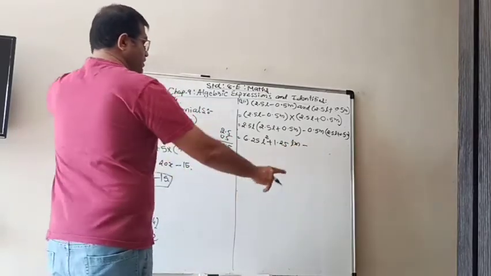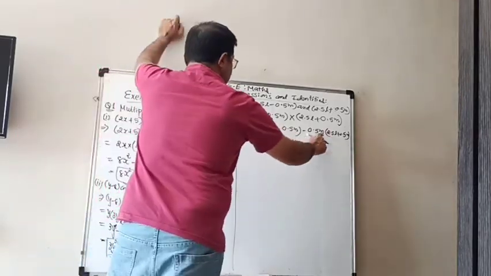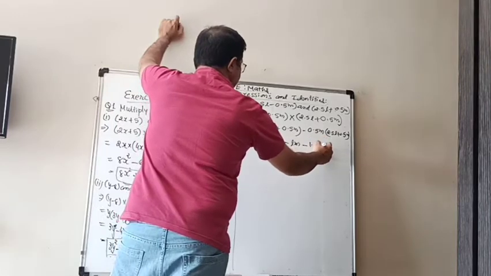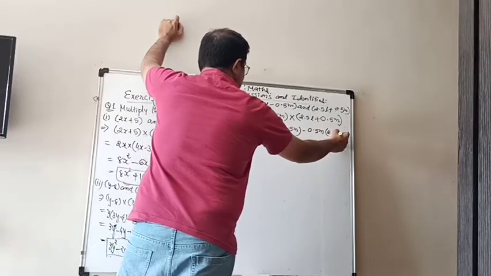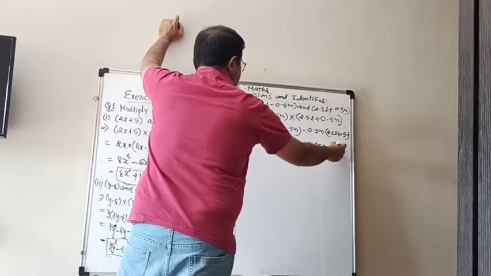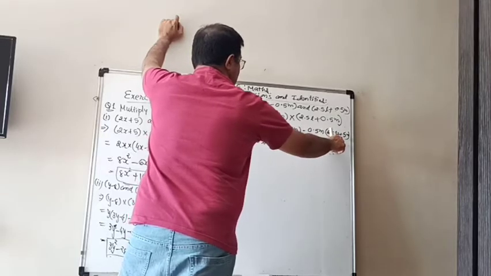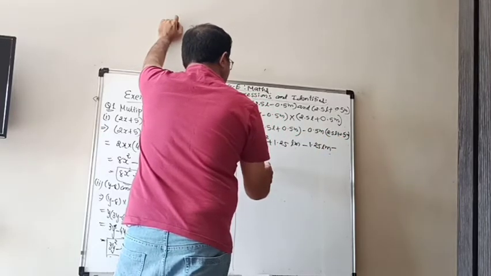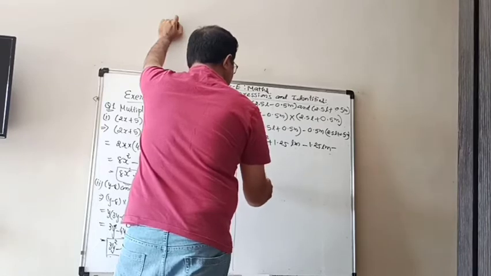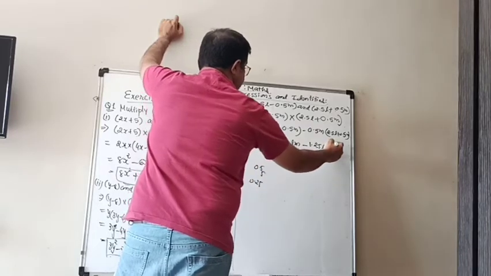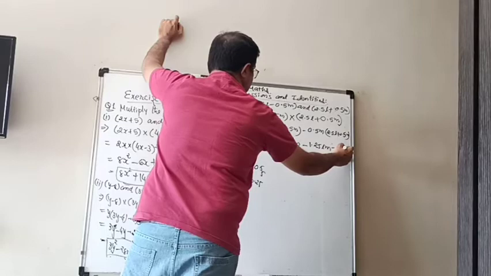Minus, the same again, 1.25 LM, and because of the plus here it will be minus of this sign. So 0.5 into 0.5, 5 5s are 25, so it will be 0.25 M square.